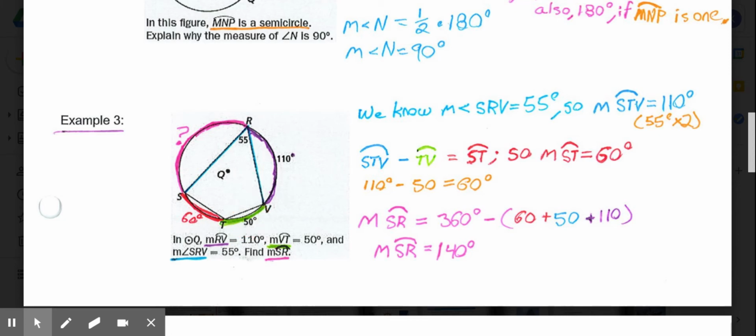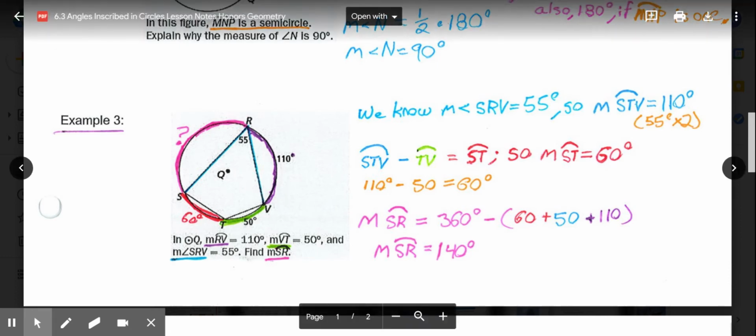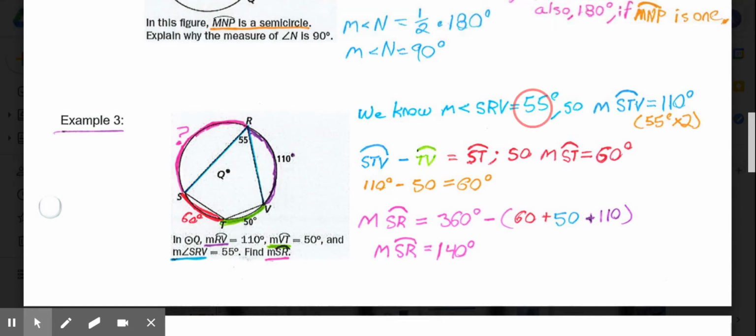And the measure of angle SRV, this inscribed angle, is 55 degrees. Find the measure of arc SR. So we're looking for the measure of the arc S to R here, this question mark. So what do we know? We know that angle SRV is 55 degrees.